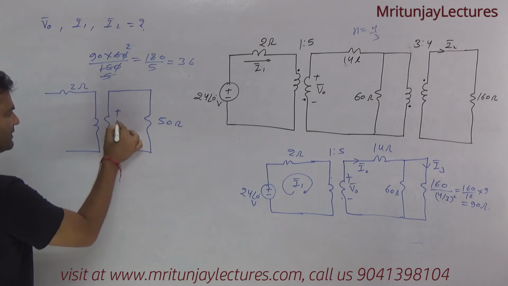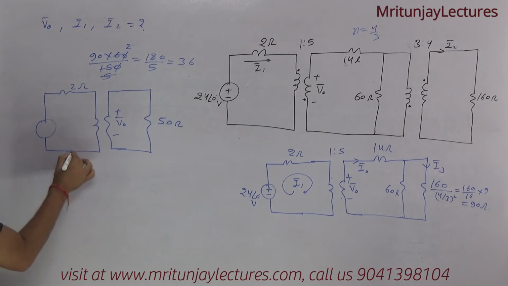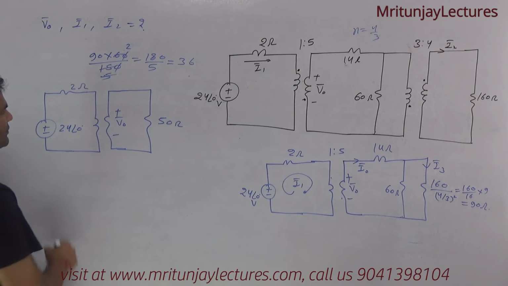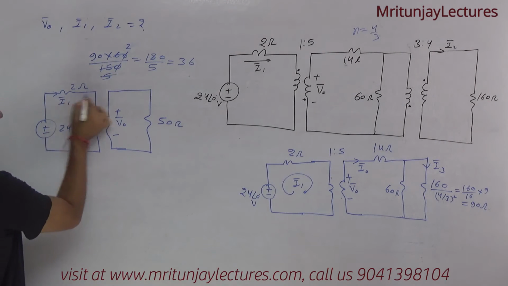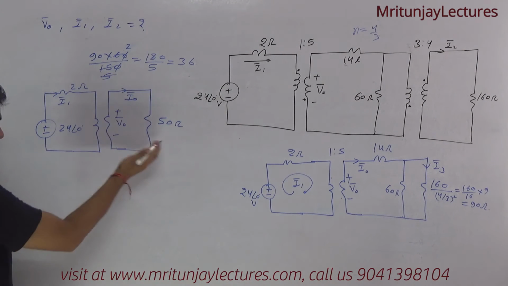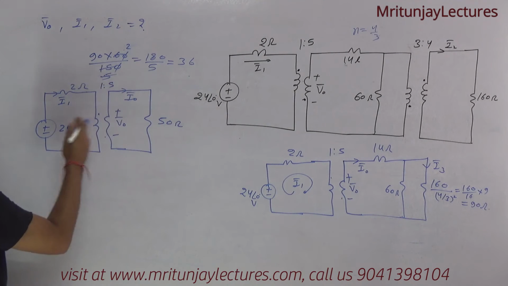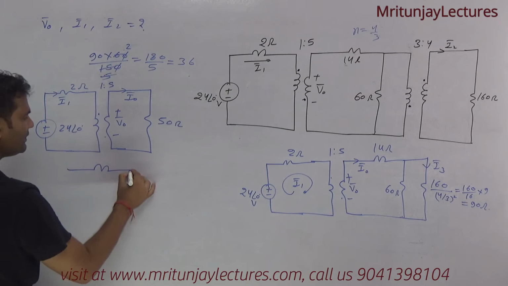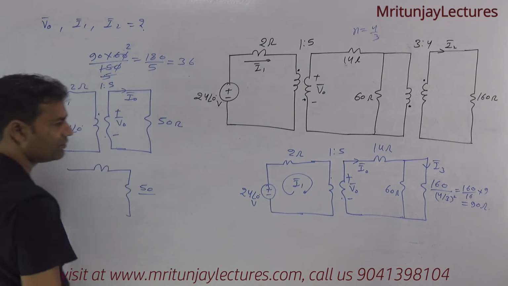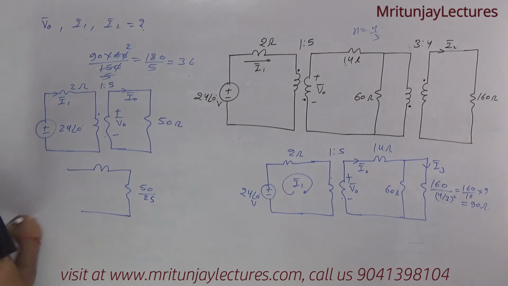50 ohm, and the voltage source is plus minus 24 at the angle 0. Here I1 and here I0. So if this one is converted to the primary side with ratio 1:5, then 50 divided by n square, where n is 5 by 1, gives 25. 25 is 5 to the whole square.